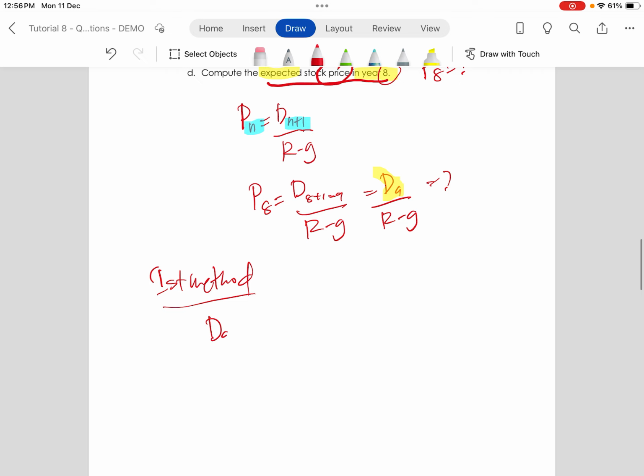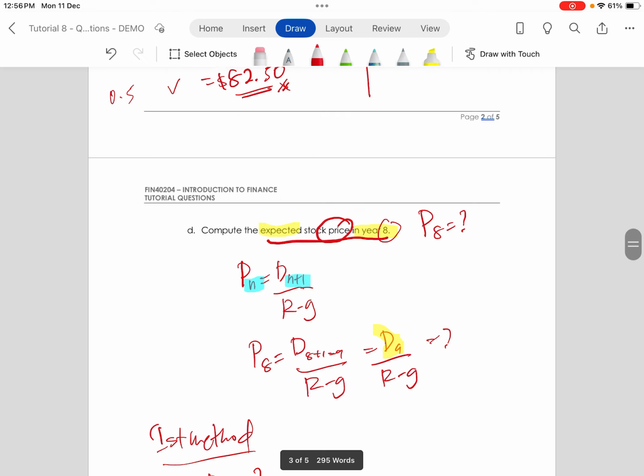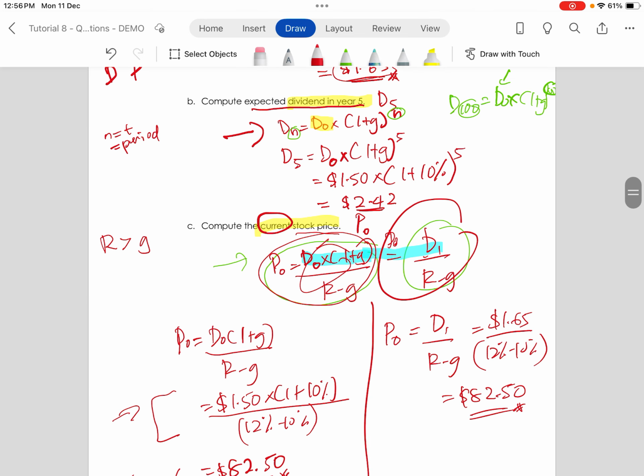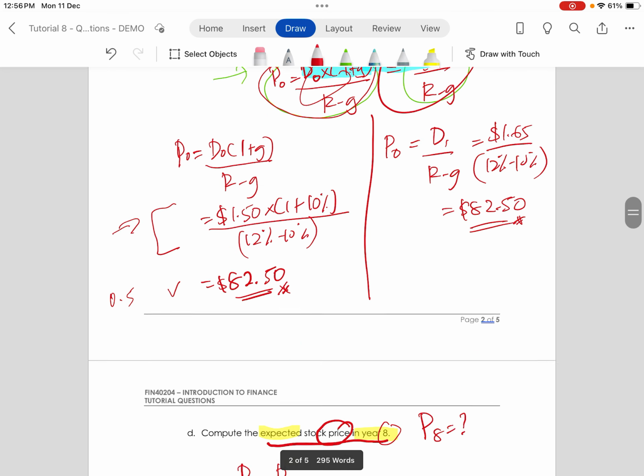To determine D9, it goes back to the dividend formula. D stands for dividend. As long as you know D0, just power it with the particular period.